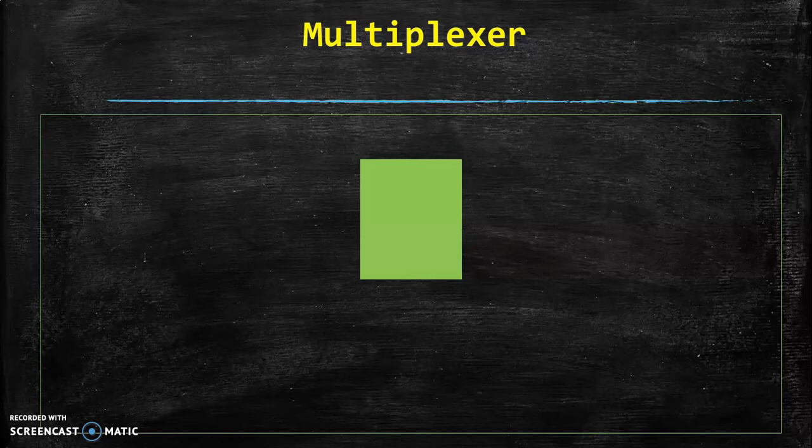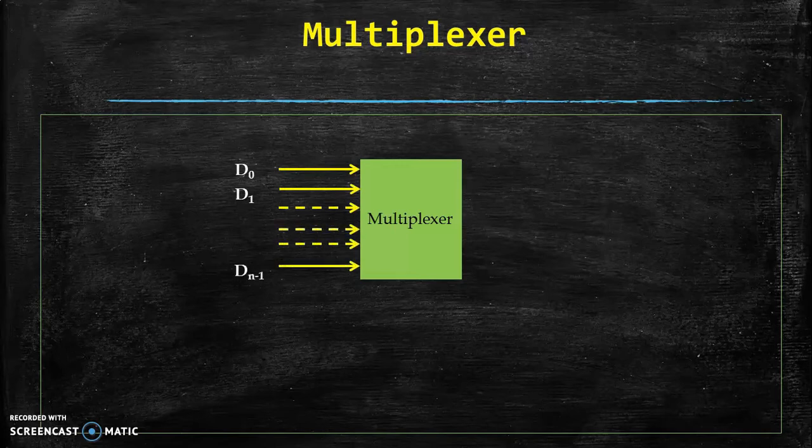Now let us start with a general block diagram of the multiplexer. We have input data lines D0, D1, and various input data lines up to Dn-1. So in total we have n input data lines and only one output signal, known as Y. At a time, only one input data is transferred to the output.